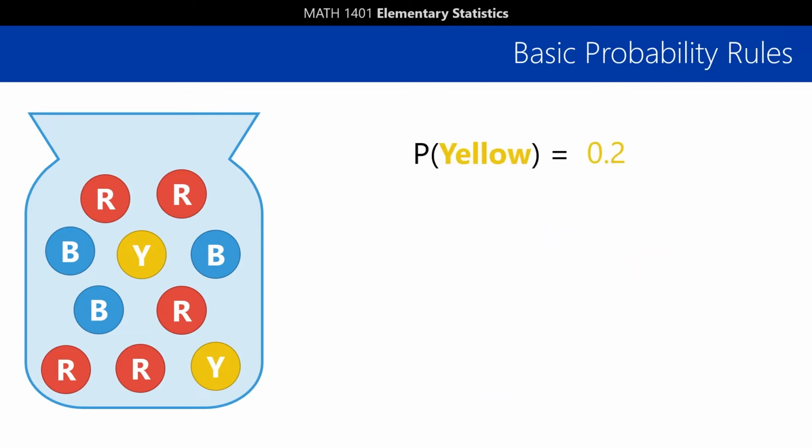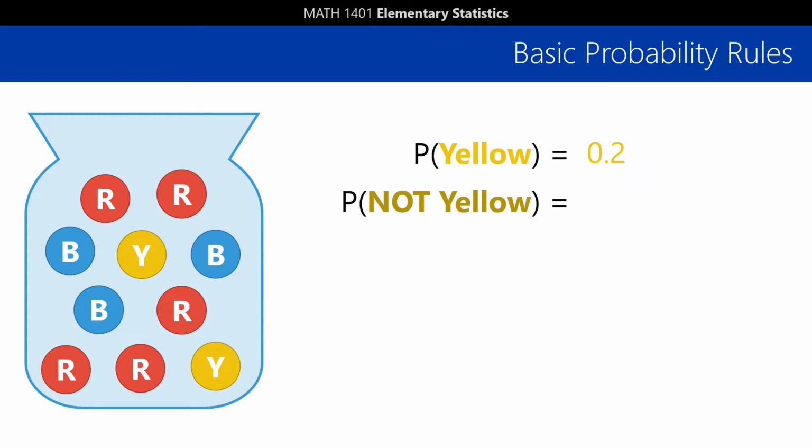Next, recall that the probability of drawing a yellow gumball is 2 out of 10, since 2 of the 10 gumballs are yellow. What if we turn that on its head and ask, what's the probability that the gumball we draw is not yellow? Well, since the only gumballs we have are red, blue, or yellow, if a given gumball isn't yellow, then it could be red or it could be blue.